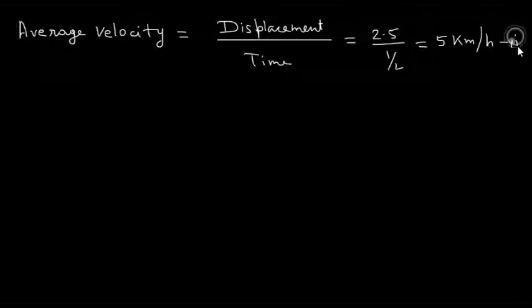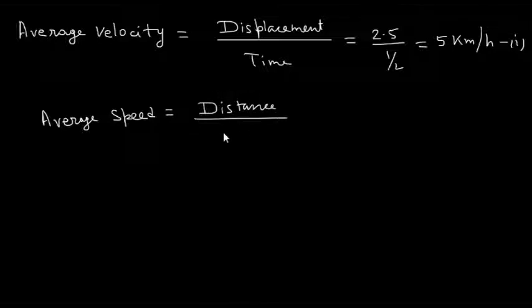This is equation 1. So now we'll find average speed. Speed is equal to distance upon time, which is equal to 2.5 upon half, which is equal to 5 kilometer per hour.